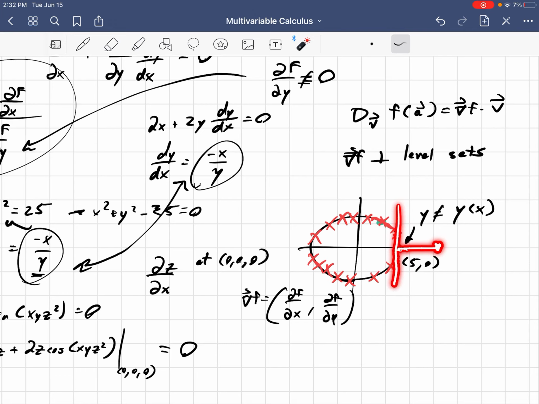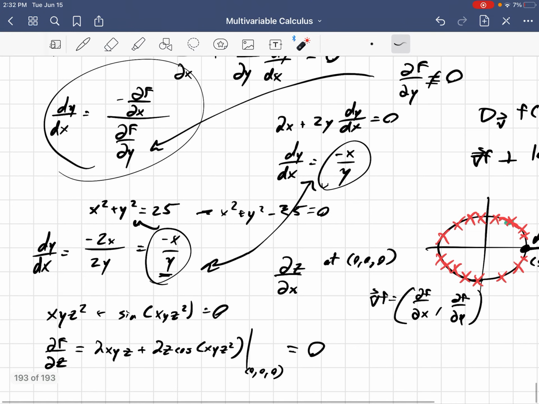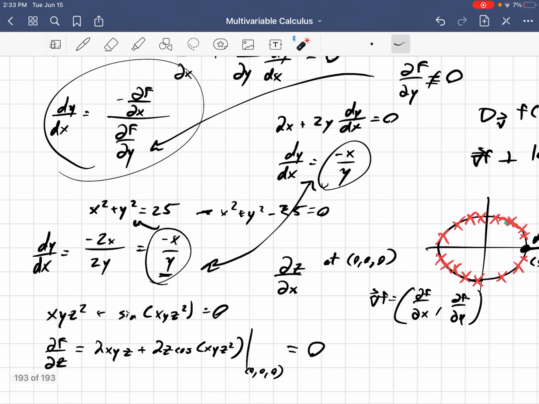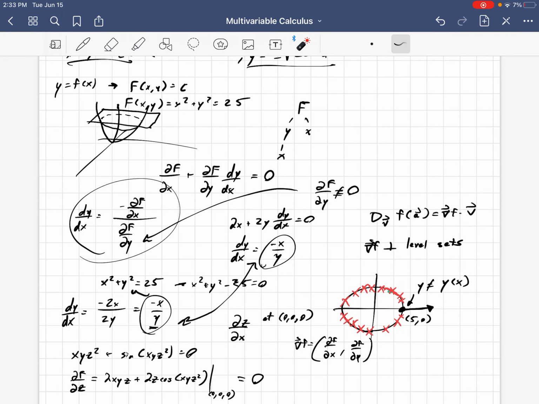And so there's a vertical plane, just like how there was a vertical line test in 2D, that is totally vertical. Now, if it's non-zero, then we can proceed like normal, view z as a function of x and y, and use the multivariable chain rule, just like we used the single variable chain rule here, to find the partial of z with respect to x.